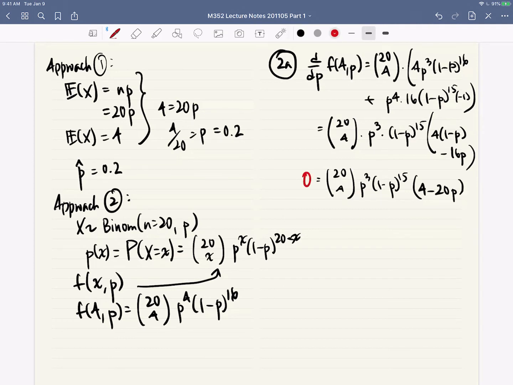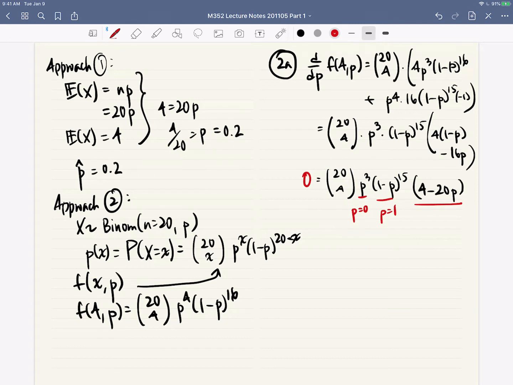Now, we'll use calculus and say, let's set that equal to 0 to find the critical point. So the whole product equals 0 if and only if one of the factors equals 0. So the first factor here is when the probability equals 0. That's not interesting to us. Or the probability equals 1. That's not interesting to us either. Those are kind of trivial.